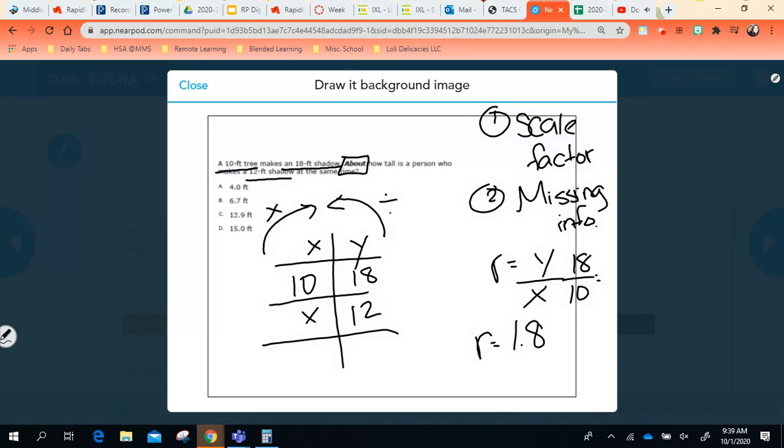Good. Very good. So I'm taking 12 divided by 1.8. So remember, you got to stop. Think. Don't blurt the first thing that comes to your mind out. That's why we have you guys write these things down so you don't forget.